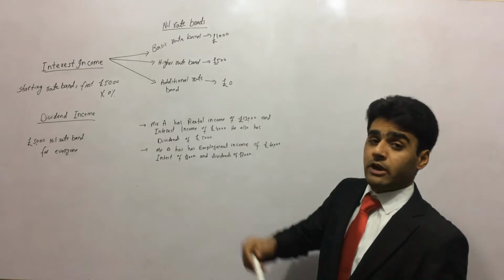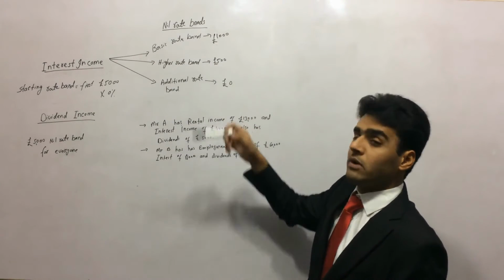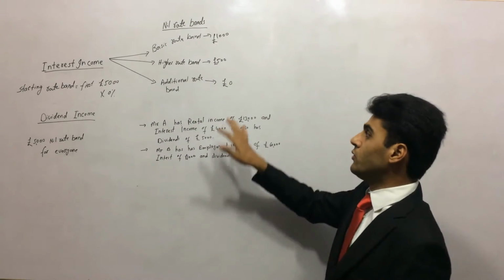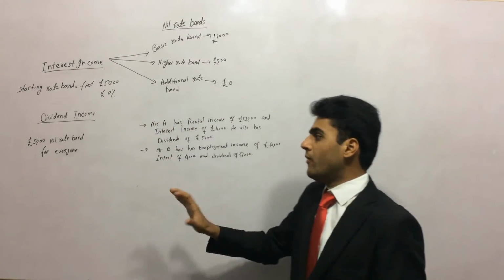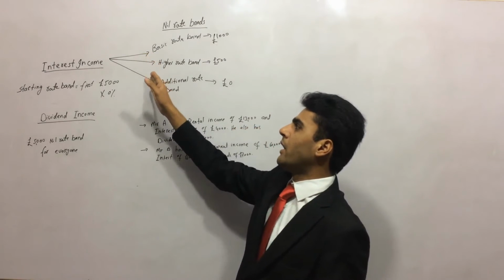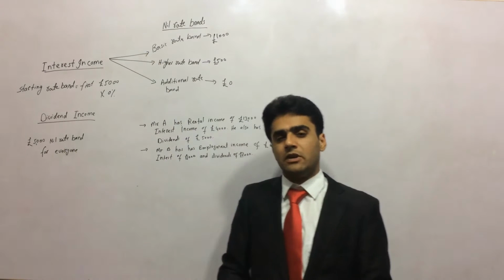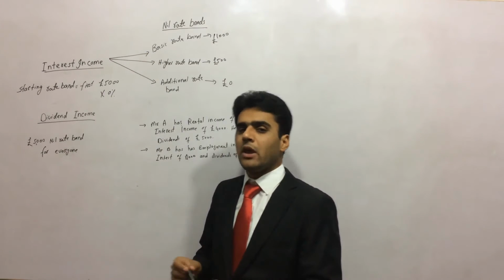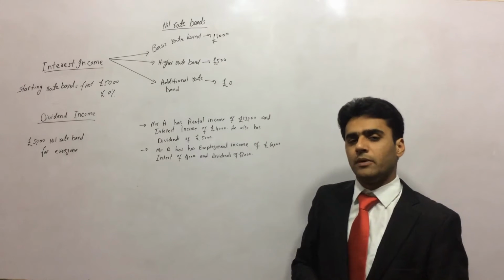If we were a higher rate band taxpayer, it was different. If we were an additional rate taxpayer, we do not get any nil rate band in interest income. Whereas in dividend income, whether we are a basic, higher or additional rate taxpayer, we will always get £5,000 of dividend income nil rate band. So up to £5,000 of dividend income, you do not have to pay any tax. What you will have to do is £5,000 multiplied by 0%.